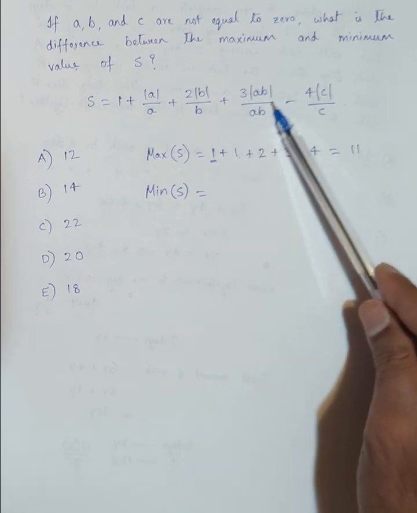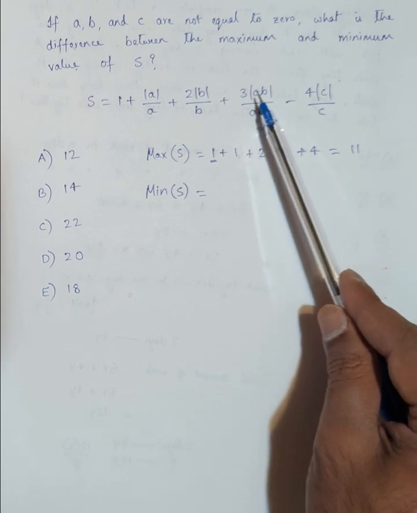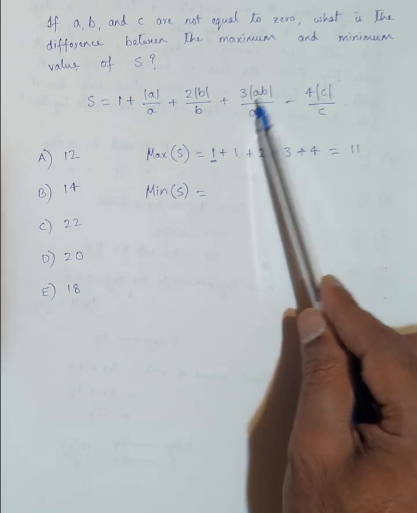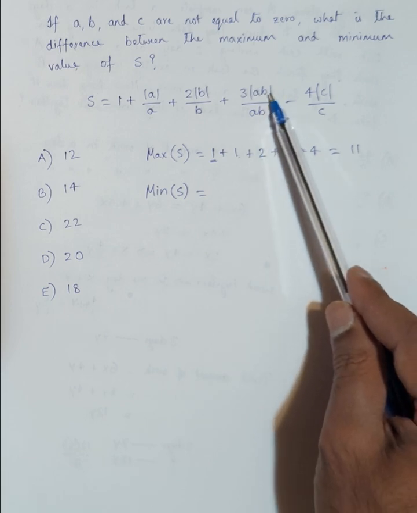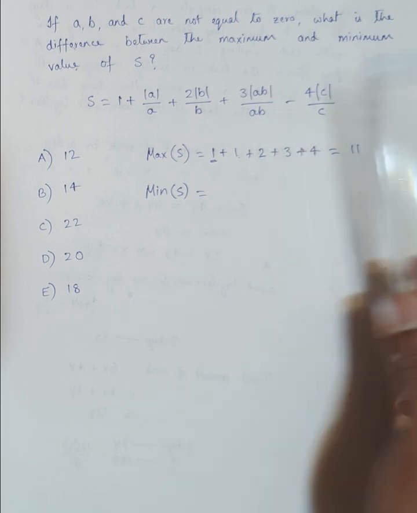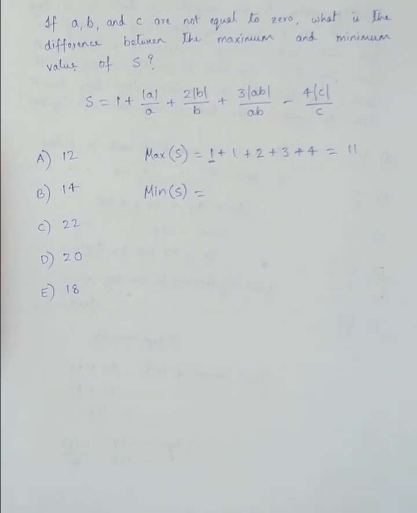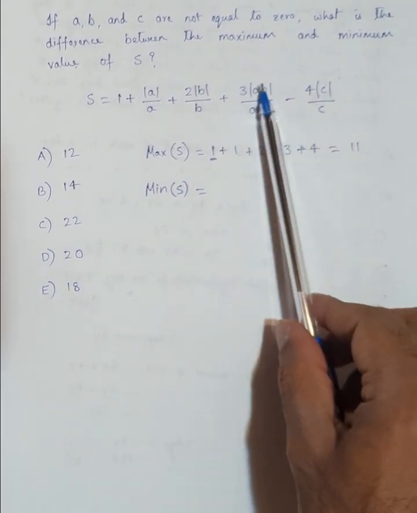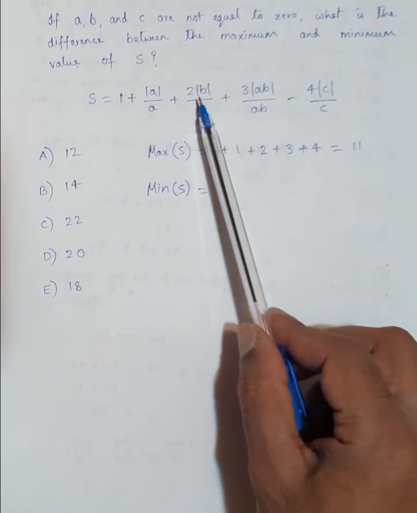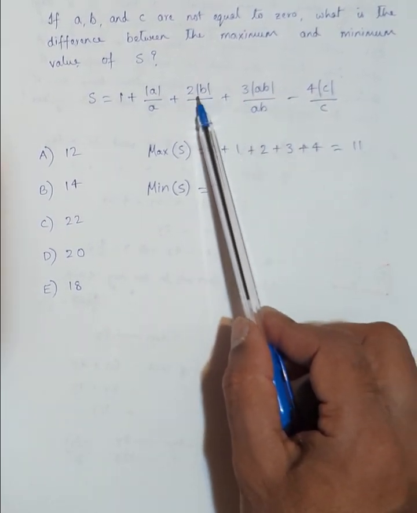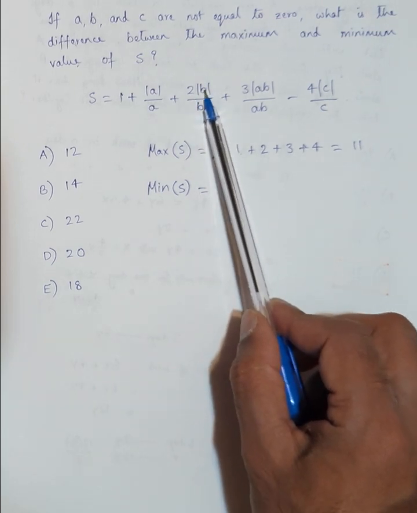We want this to be negative 3, which means one of them should be positive and the other should be negative. And if you want it as small as possible, you want B to be negative.